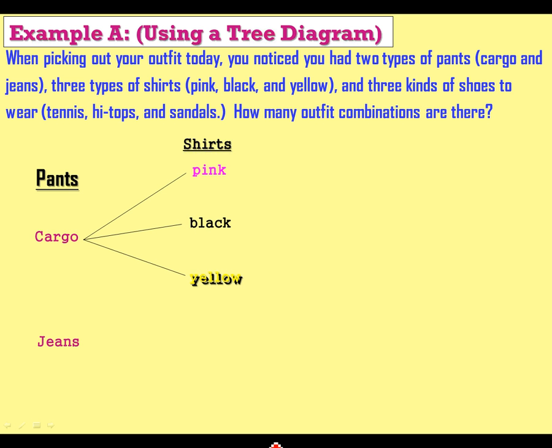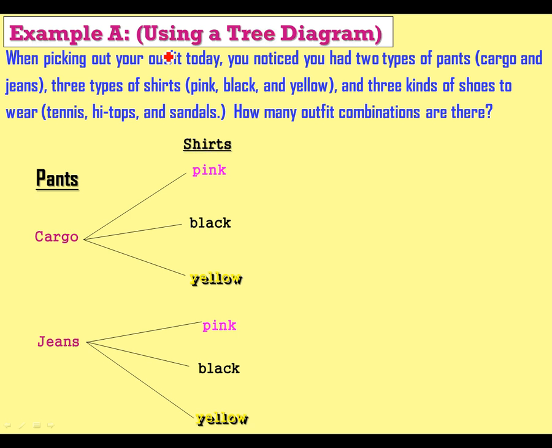If you're wearing jeans, you're also going to have three kinds of shirts to pick from. Just because you picked cargo pants doesn't mean you have to wear these three. You could wear jeans or these three. So jeans will branch off into three shirts as well, and they will be exactly the same shirts: pink, black, and yellow.